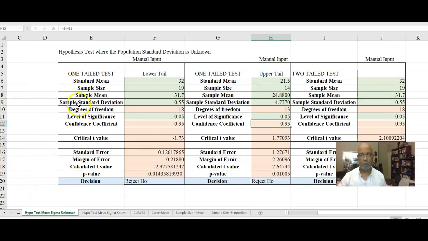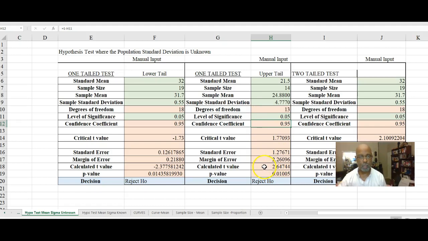So in the green areas of my upper tail, one-tailed test tool, I've entered in the standard mean, 21.5, sample size 14. The sample mean was 24.88, and the sample standard deviation of 4.777. And the level of significance that we're using for this test, 0.05.